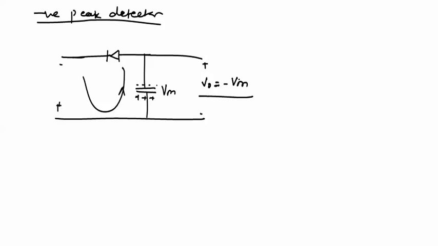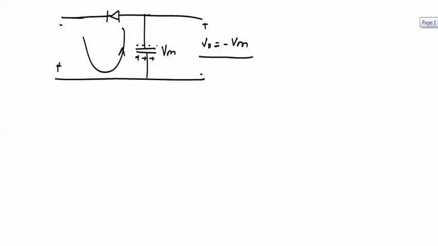In the voltage doubler circuit, the first circuit will be a clamper circuit which will clamp the input waveform to a higher DC level, and then the peak detector circuit will detect the peak of this clamped input waveform.